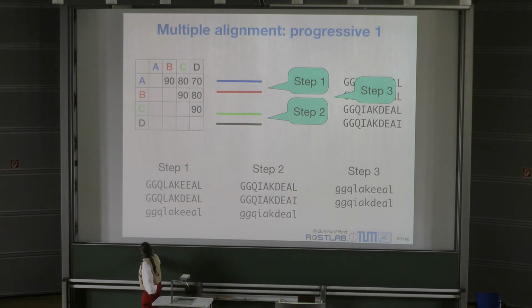So let's assume that the example would be G, G, Q, L, A, K, E, E. I'm just writing what is there. I'm just changing the second one. And the second one is G, A, Q, I, A, K, D, E, A, L. And I now pick the most informative one.